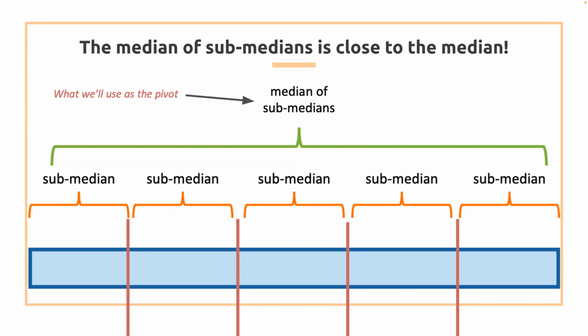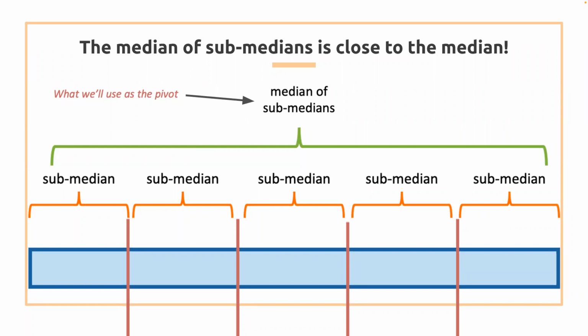So if this array is size 25, I'll have 5 chunks of size 5 each. At the end, I'll have 5 numbers, which are the medians of those chunks. Then I'll calculate the median of that array using my recursion. The reason that works is because this array is going to be 1/5 the size of the original array.